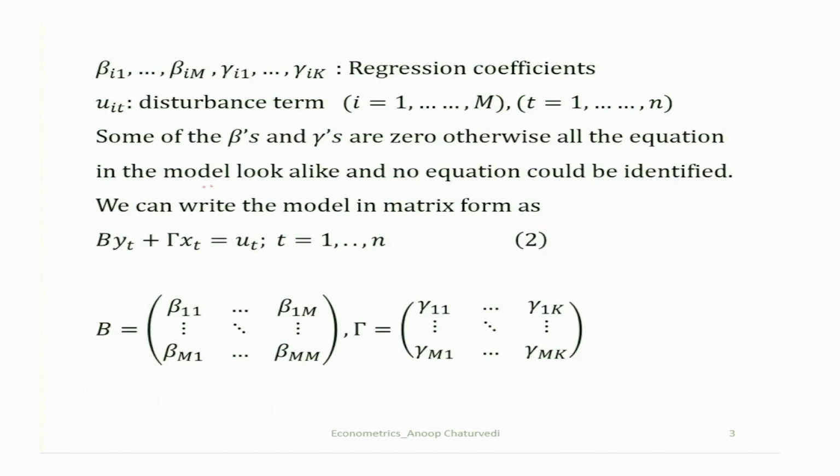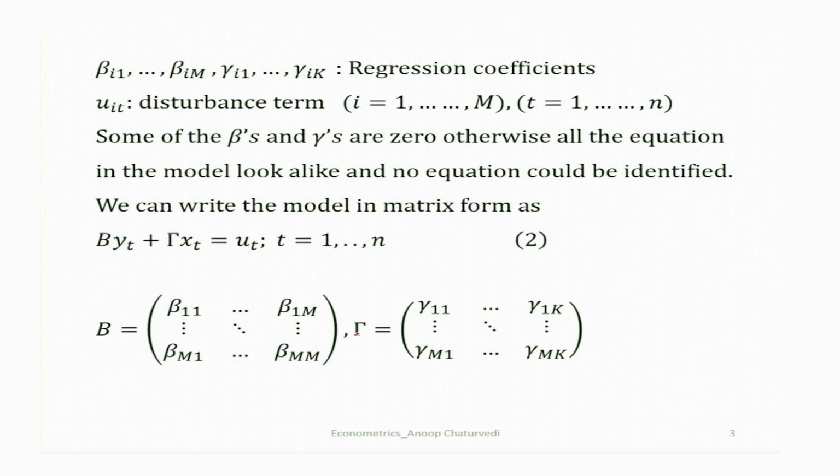Now, in matrix notation, we can write the model as follows. Suppose we define matrix capital B as beta 1 1, beta 1 2, ... beta 1 m, and so on, beta m 1, beta m 2, ... beta m m.